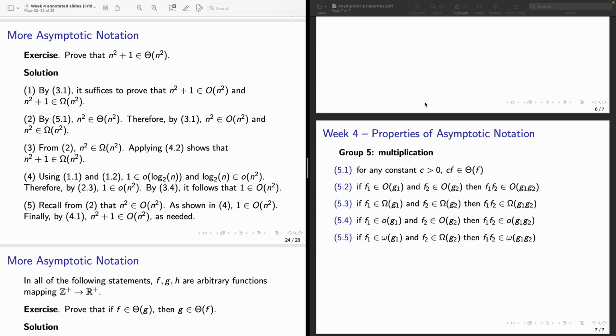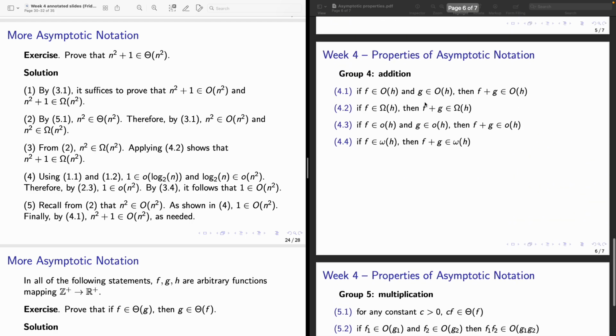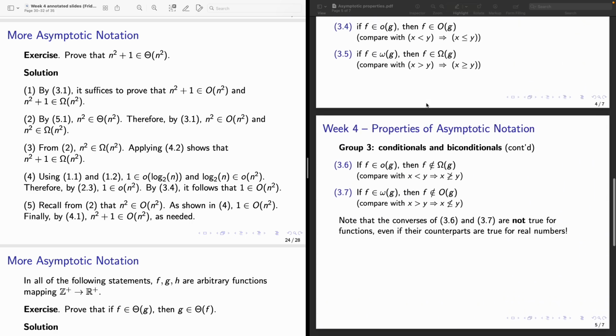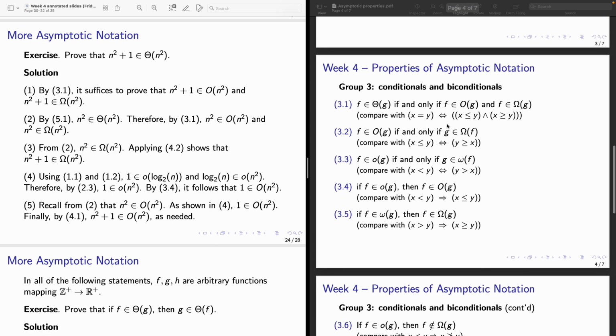N squared plus 1 is in big theta of n squared. We use that theorem about the relationship between big theta, big O, and big omega again.